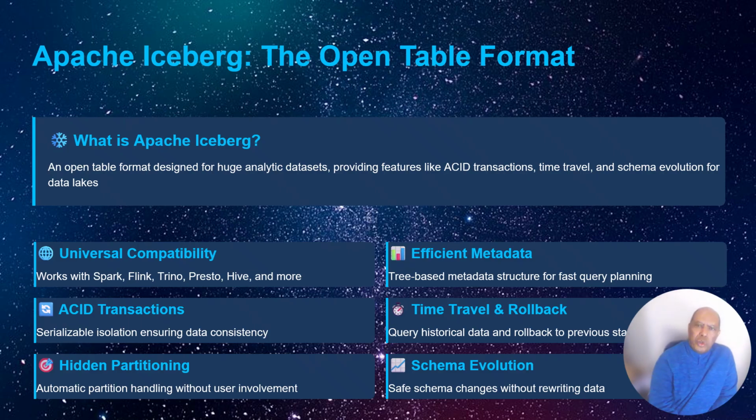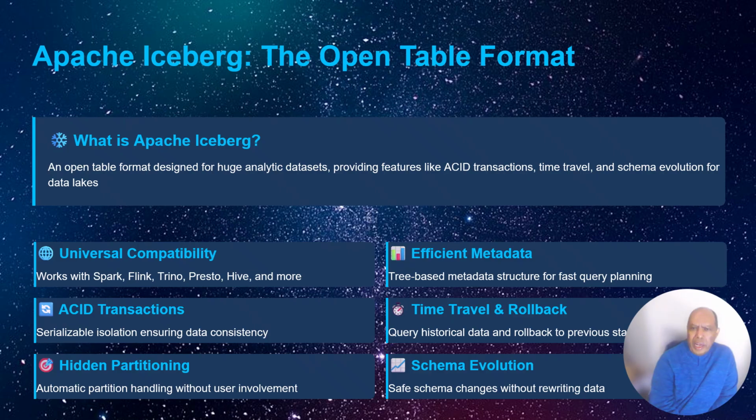Let us briefly talk about Apache Iceberg, an open table format that is becoming increasingly important in the data platform ecosystem. So what is Apache Iceberg? It's an open table format designed for huge analytic datasets in data lakes.